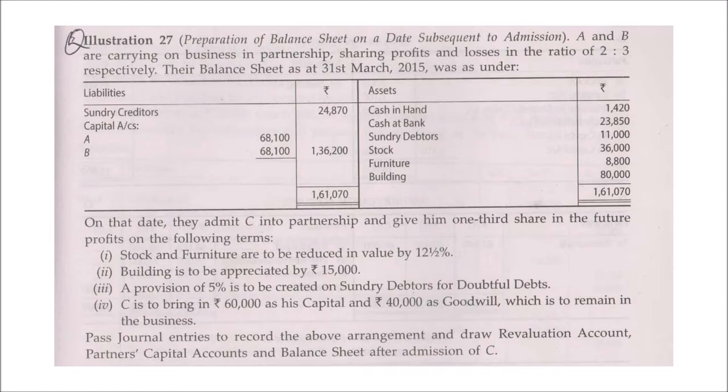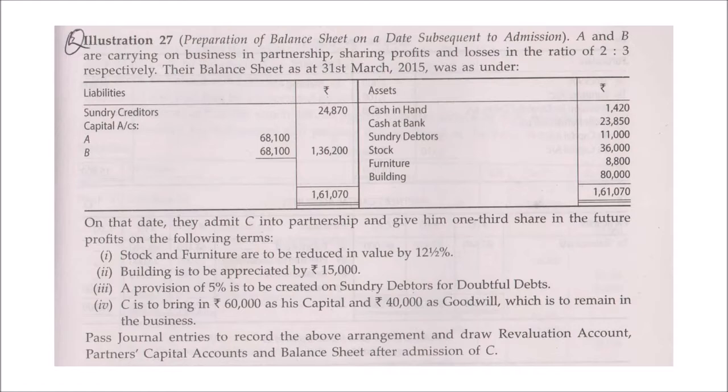Here is the question: A and B are carrying on business in partnership, sharing profits and losses in the ratio of 2:3 respectively. Their balance sheet as at 31st March 2015 was as under. Liability side: creditors 24,870 rupees, capitals A 68,100, B 68,100, total capital 1,36,200.